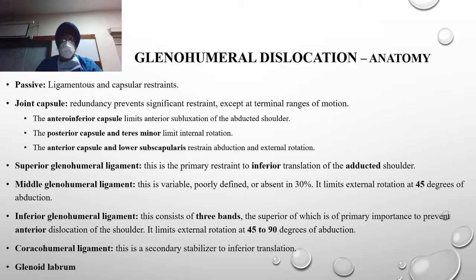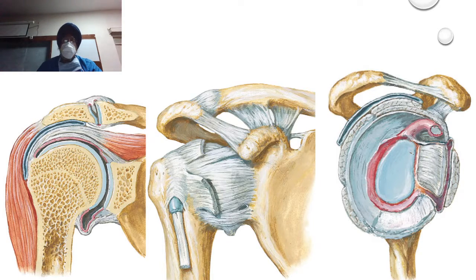It limits external rotation at 45 to 90 degrees of abduction. Coracohumeral ligament, this is a secondary stabilizer of the inferior translation. Then glenoidal labrum. So these are the ligaments, and this is the anterior capsule, and this is the glenoidal labrum.